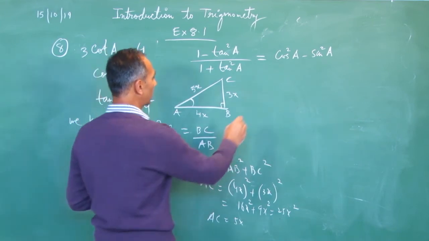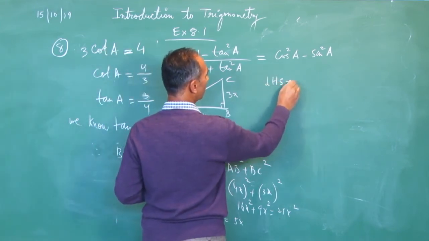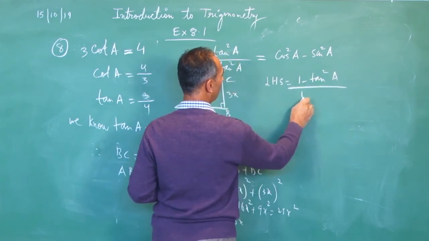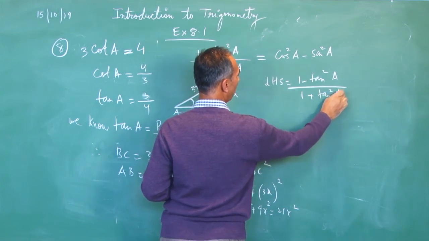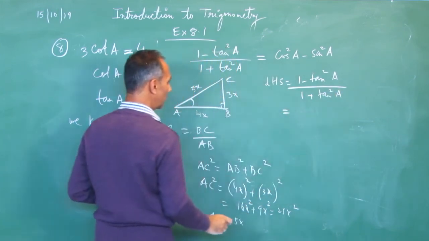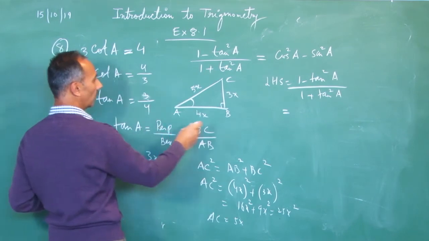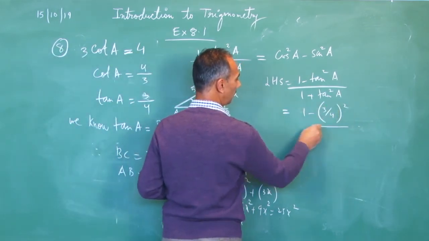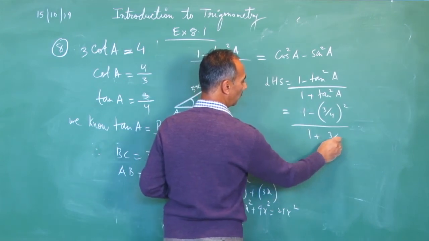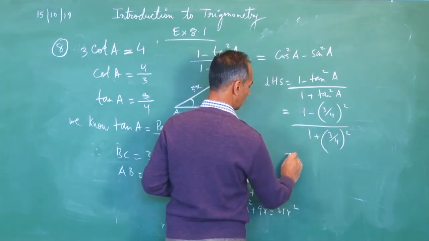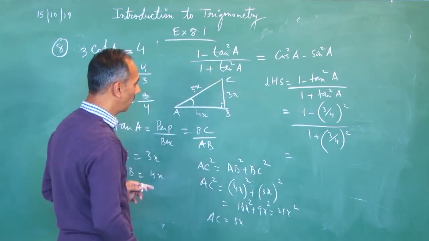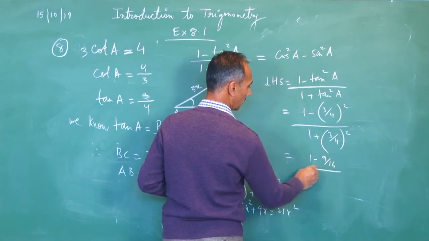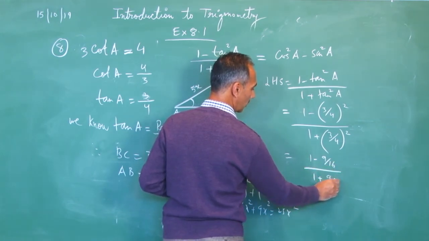So let's take the left hand side. My left hand side here is (1 minus tan square A) upon (1 plus tan square A). The tan value is given to be 3 by 4. So this is 1 minus (3 by 4) whole square, divided by 1 plus (3 by 4) whole square. So that is 1 minus 9 by 16 over 1 plus 9 by 16.